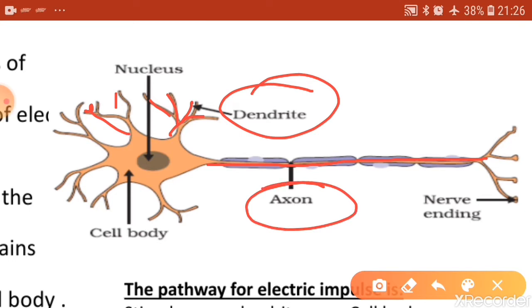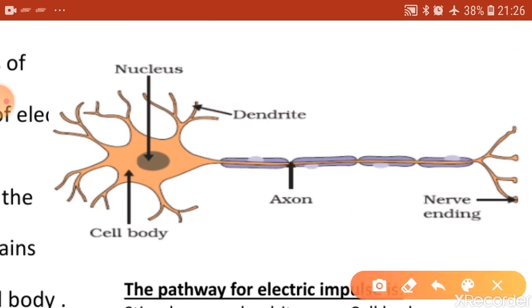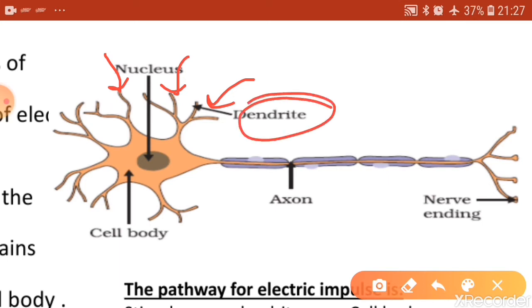Now the dendrites are the part of the neuron which receives information. The stimulus or information from the environment is received by the dendrites, and then after the nerve impulse is generated, the impulse is transmitted towards the cell body, and from the cell body this information is taken away through the axon.